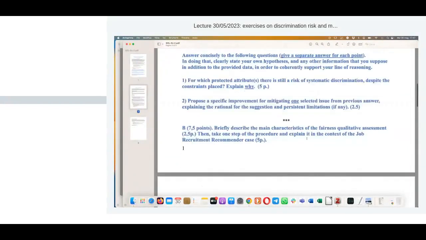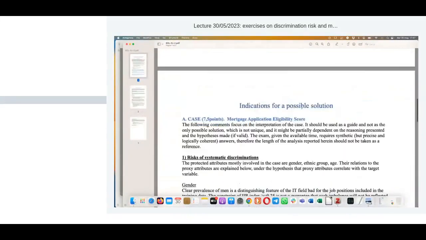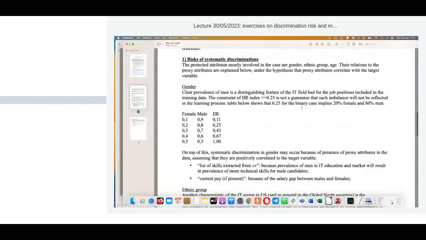Since it is higher or equal to 0.25, if you get an inverse imbalance ratio of 0.25, since you have only two categories, you can make several cases, but 0.25 is equivalent to having 20% female and 80% male in the training data of a sector that is already highly imbalanced by the prevalence of men.